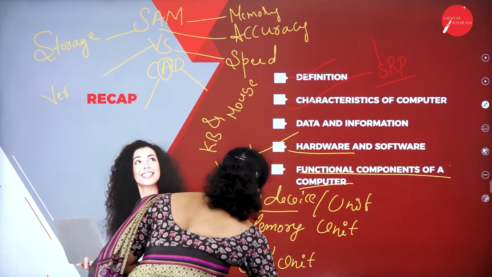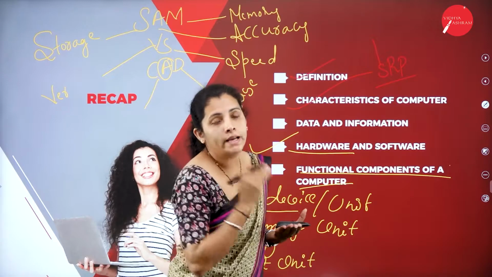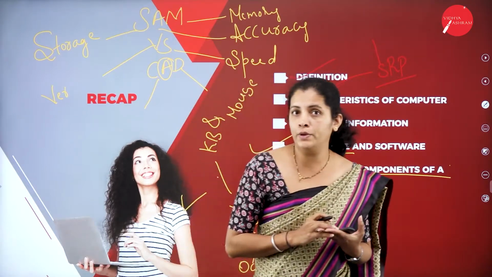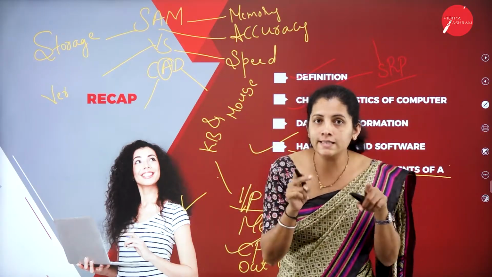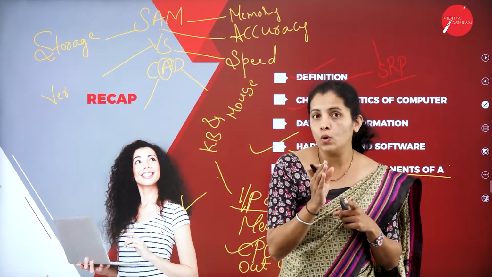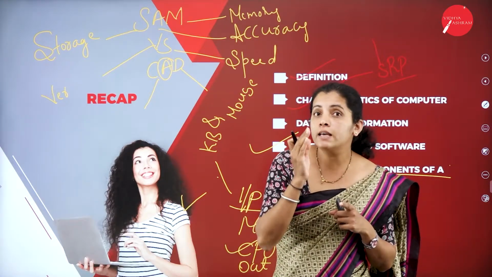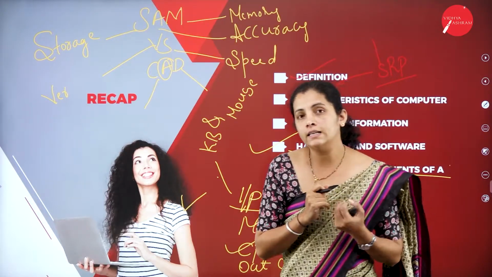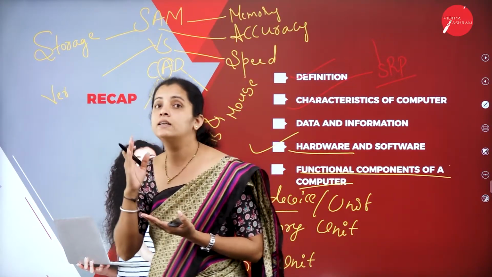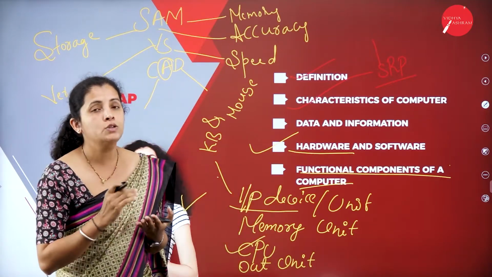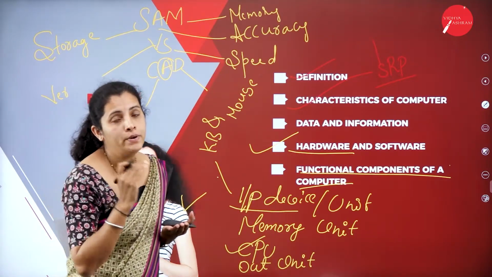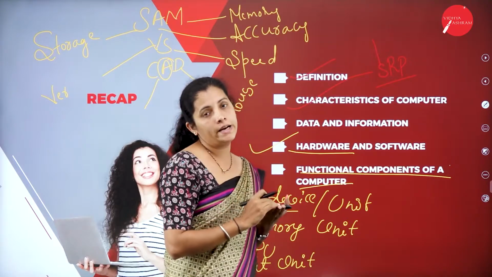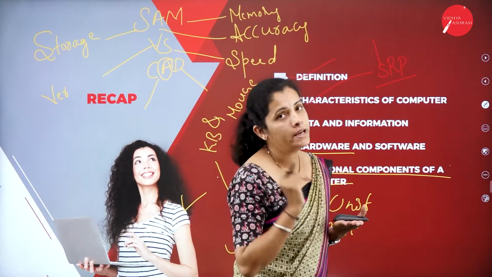Then we are going to have CPU. Now tell me what is CPU? Is that black box called CPU? No. The processor inside the black box is called CPU. That is nothing but the central processing unit. So the job of the CPU is to read the data and execute the data.